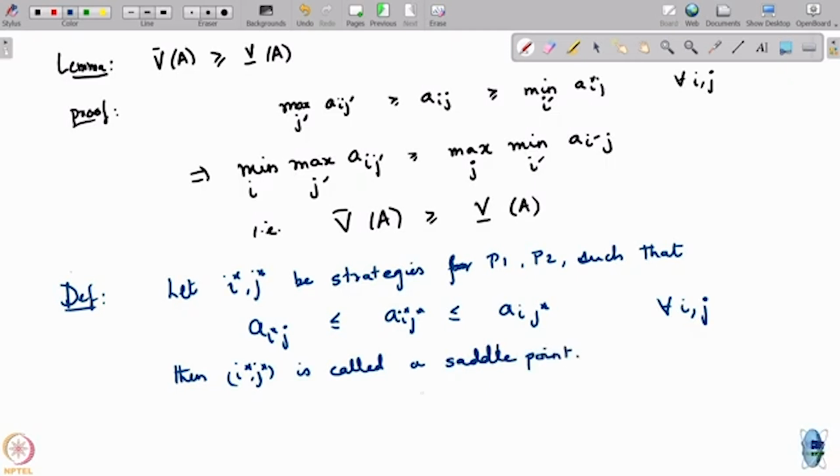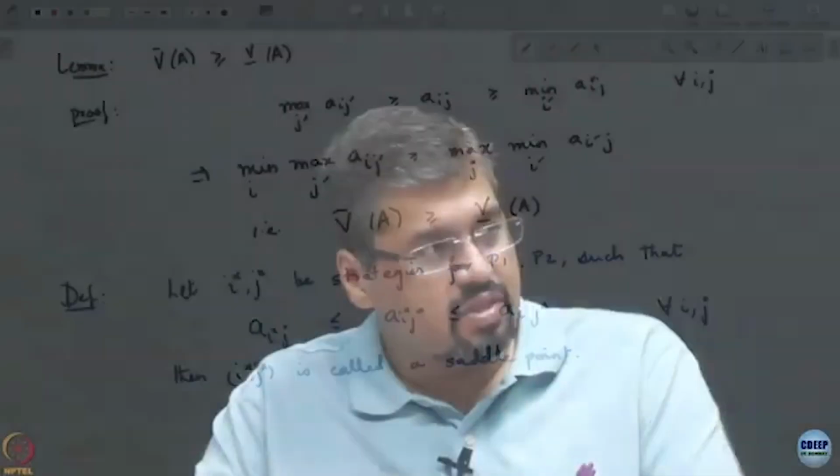Now, this pair is called a saddle point. I have used the notation I star j star for security strategies, and I am also using it again for saddle point. The reason is that if the security strategies together ended up forming a saddle point, then they would actually suffice to solve the game, because effectively each player, when playing his security strategy, finds that the other responds also with a security strategy, because the response to I star is j star, and the response to j star is I star.